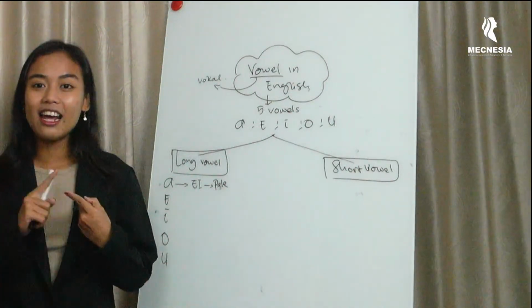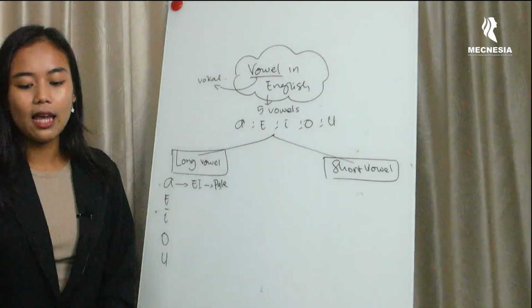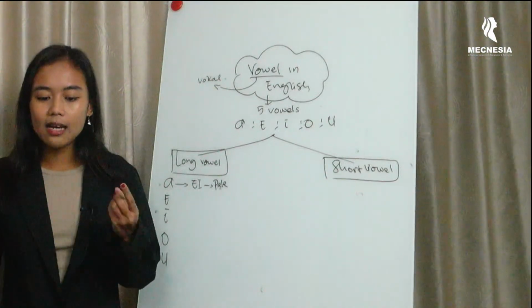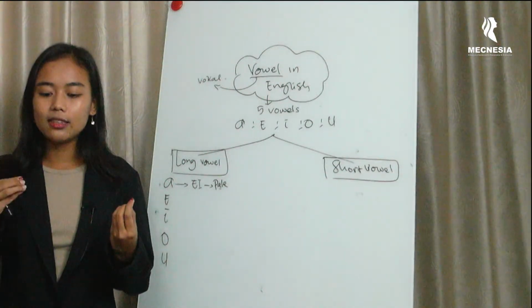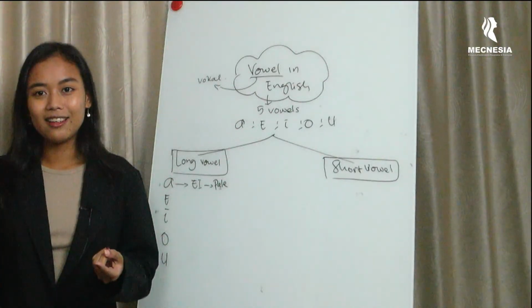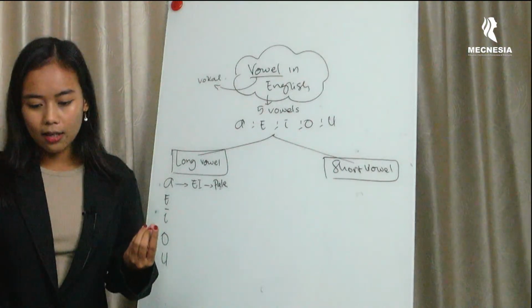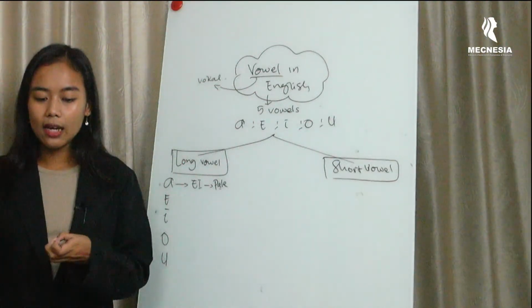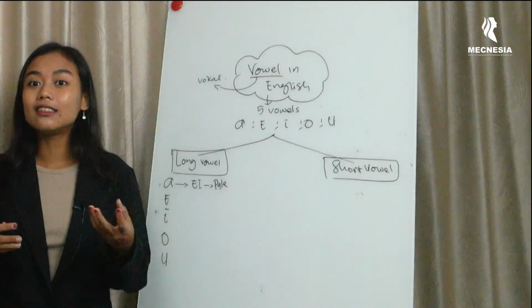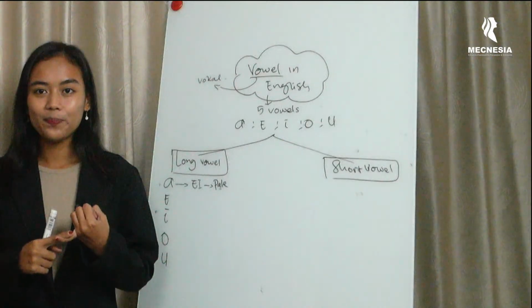The first, yang A. Ketika there is A in the end of the word, ada huruf A di akhir kata, and it is followed by a consonant and then E. Kemudian dia diikuti oleh huruf konsonan dan huruf E yang tidak dibunyikan, yang silent. For example, like in the word fate.